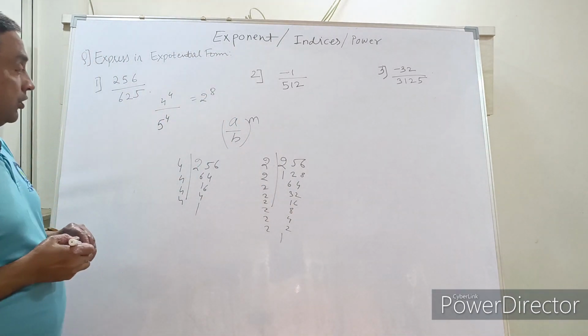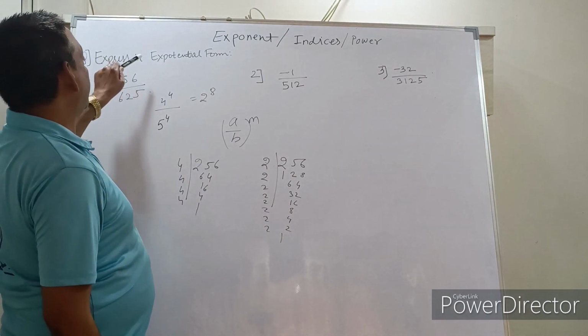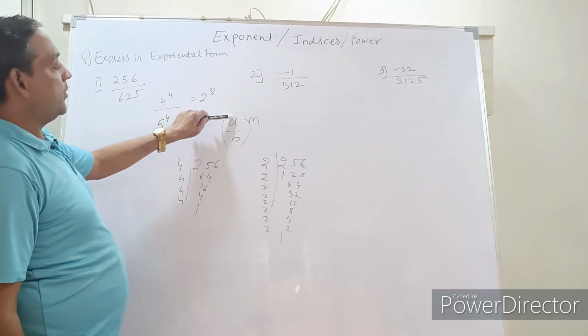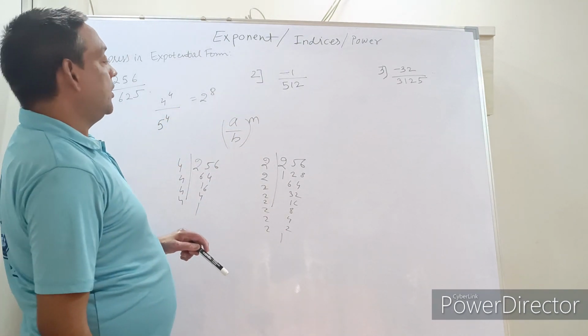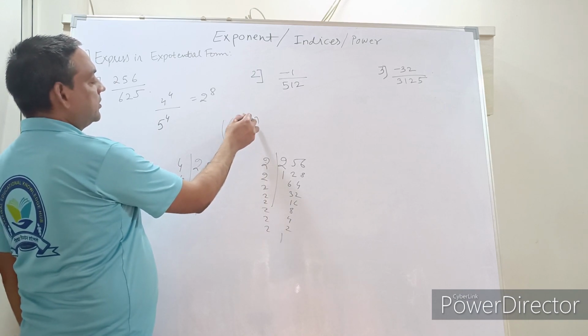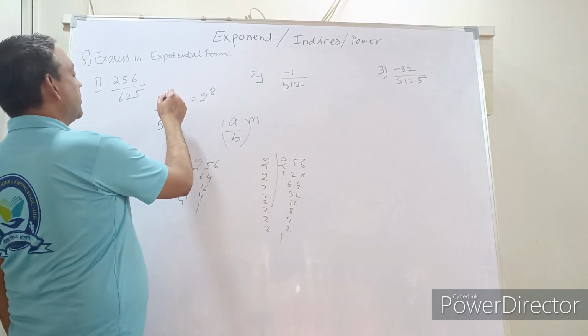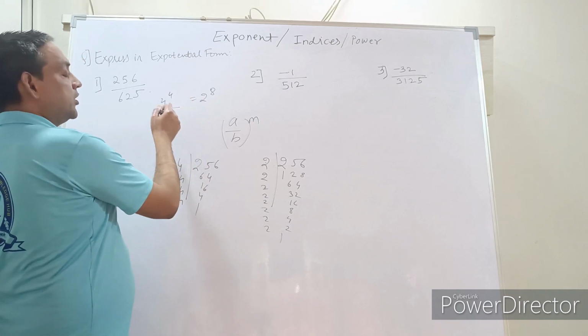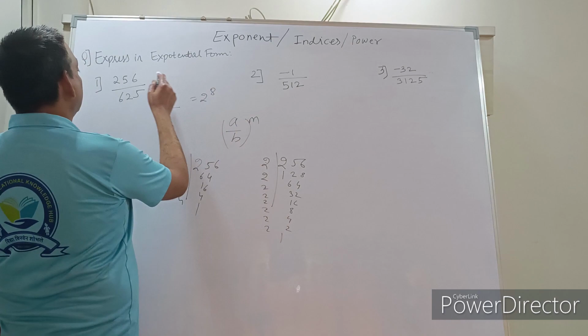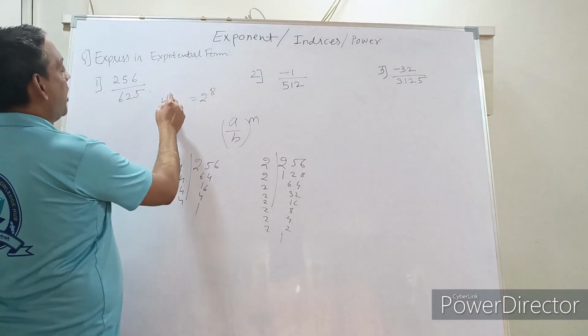Okay, now what I told here: express in exponential form. So you have to write in the form of (a upon b) raised to m. If you see properly, in (a upon b) raised to m, this m is common for the numerator as well as the denominator. So see, 2 raised to 8 also gives you 256, but we want the power 4.